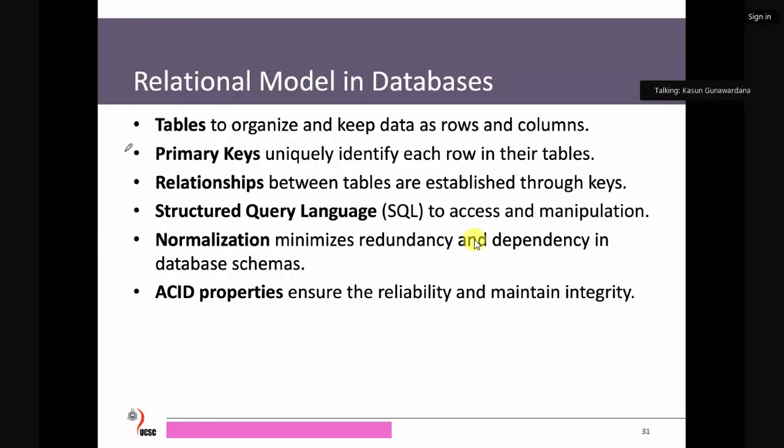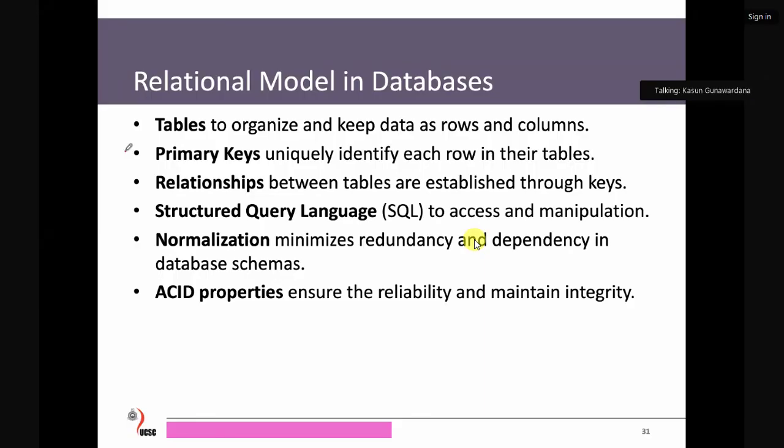You know that a foreign key in one table references the primary key of another table. So it creates a relationship between two tables. These relationships enable the representation of complex data structures and facilitate data integrity and consistency.